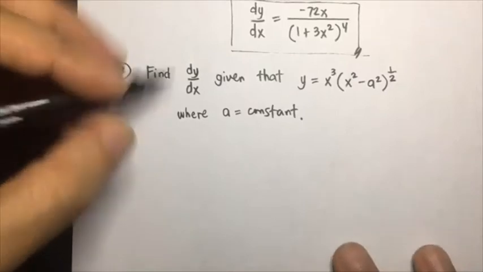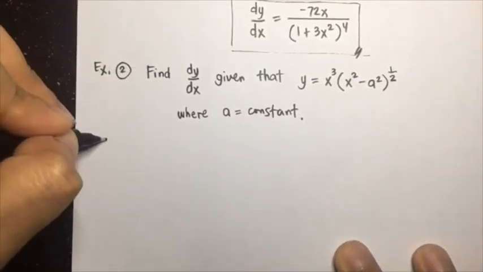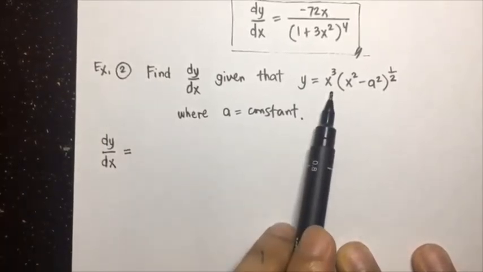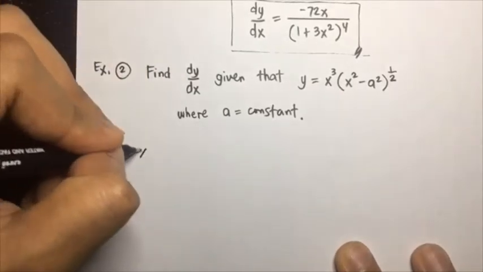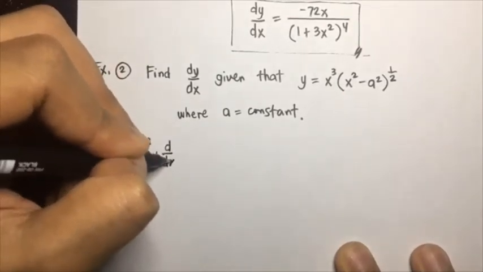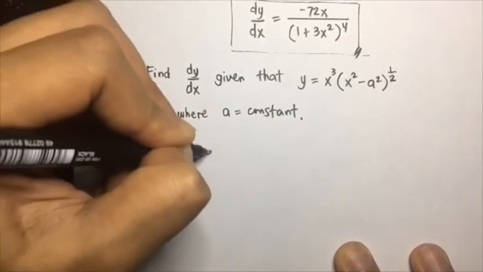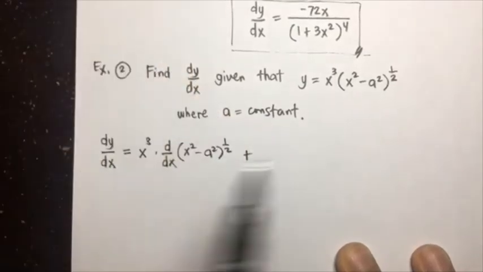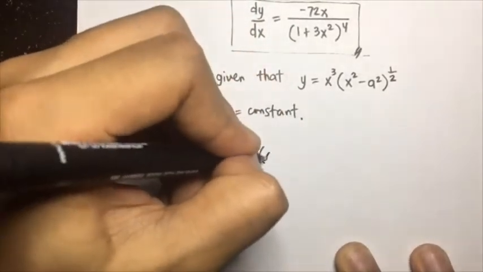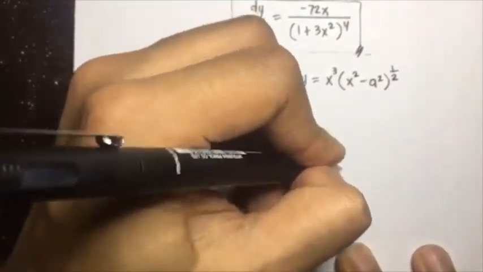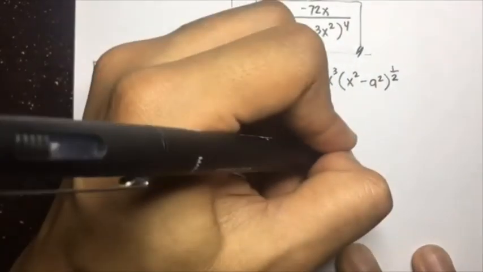To start, we have dy over dx is equal to our first factor, x cubed, multiplied by the derivative of the second factor, d over dx of x squared minus a squared raised to 1 half, plus the second factor, x squared minus a squared raised to 1 half, multiplied by the derivative with respect to x of the first factor, which is x cubed.